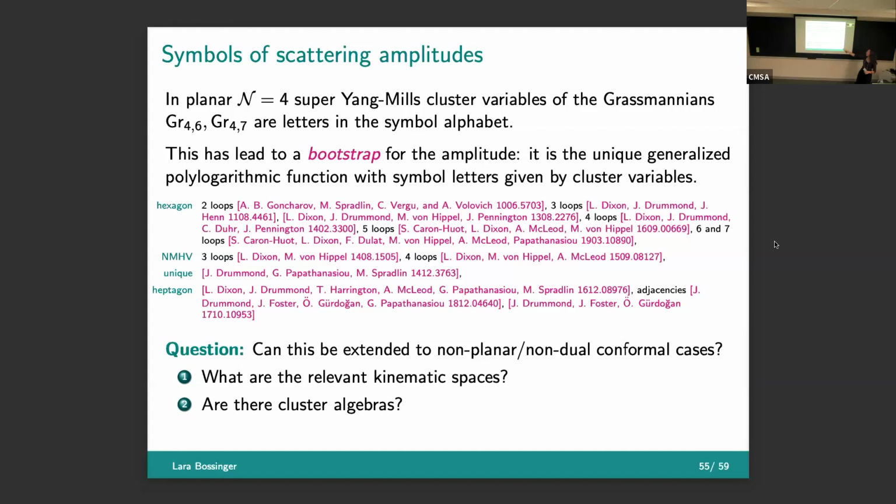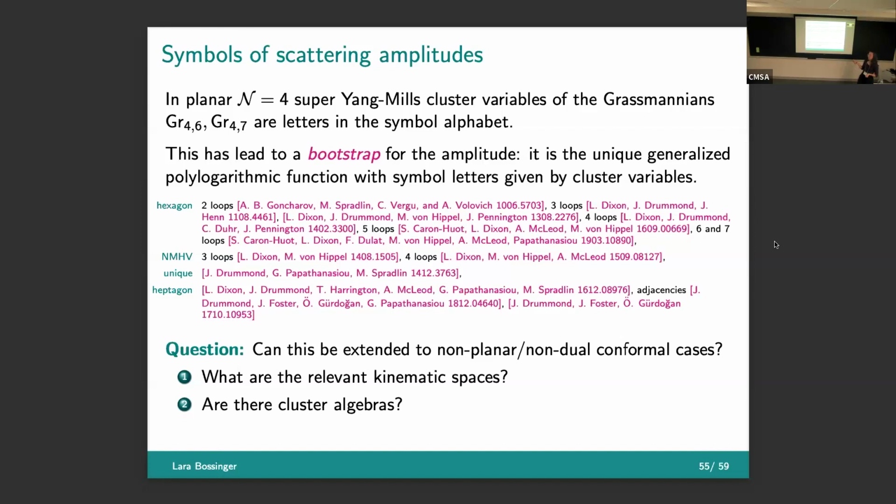And here's a long list of references. So this has been very fruitful. Lance Dixon has pushed this program a lot, so you'll see his name appearing here, but also Rowan's advisor, James Drummond, Omer Gürdoğan, and many others. So there's progress in different directions.